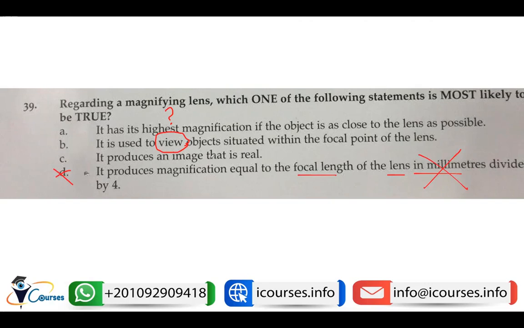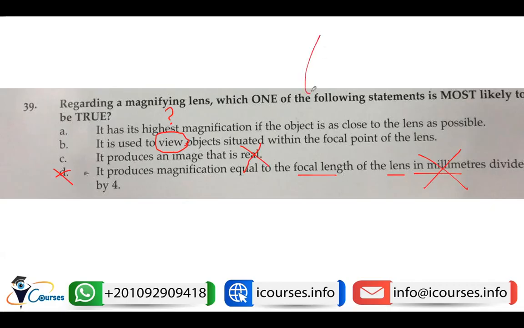It says it produced an image that is real. Do you think that the image is real? What is the image produced by the magnifying lens? It is virtual, yes. So does it produce the highest magnification if the object is as close to the lens as possible?